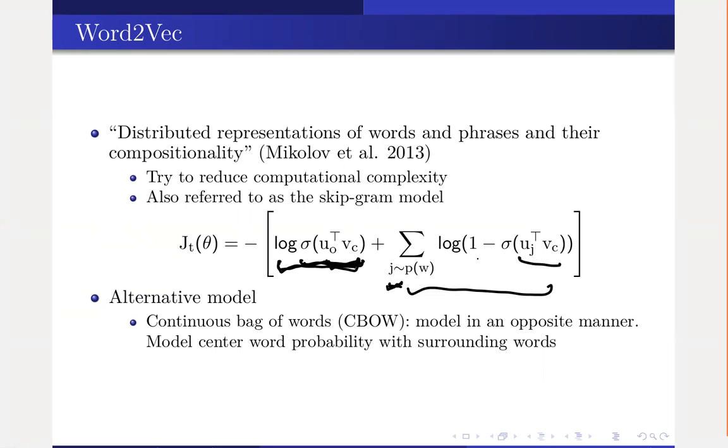Because I now consider this as some kind of probability, I want to make sure that 1 minus this probability is big. So the overall model is like this. We have this loss function, trying to maximize this, and also maximize this other term. Then we minimize the negative of this thing.